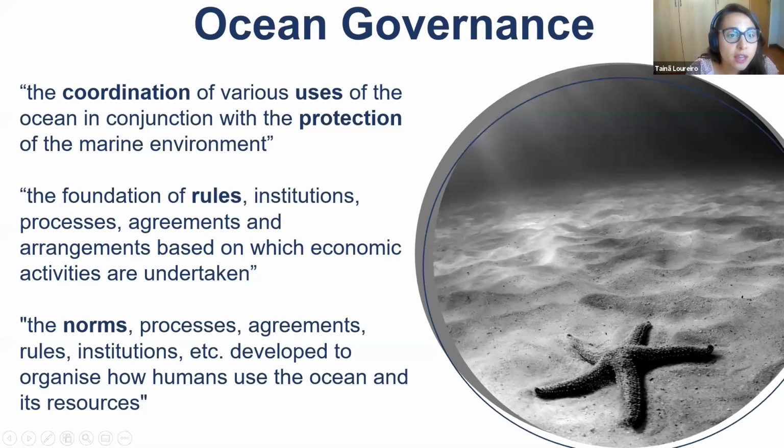So I'm here talking about how essential ocean governance is, but what is ocean governance? Well, in its broadest sense, ocean governance refers to the systems or processes by which entities or activities are regulated and controlled. You can see some definitions on the screen, and the main aspect of them describe ocean governance as a tool to coordinate the various uses of the ocean and its protection, using rules and norms to determine the boundaries of the human-ocean relationship previously mentioned.